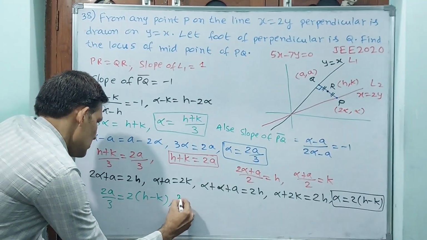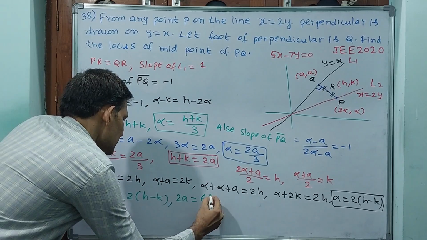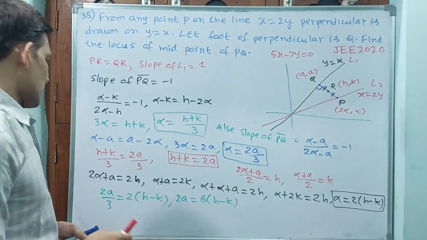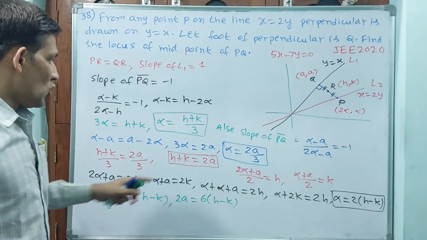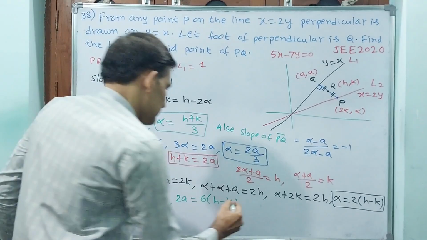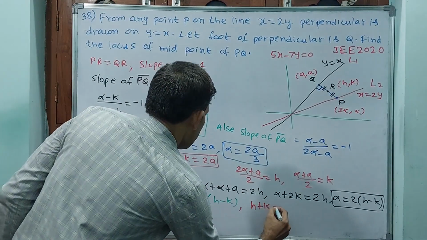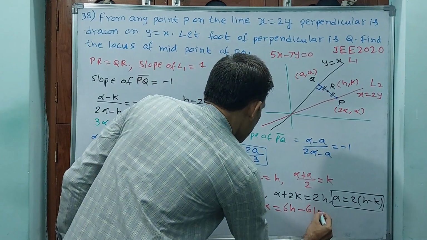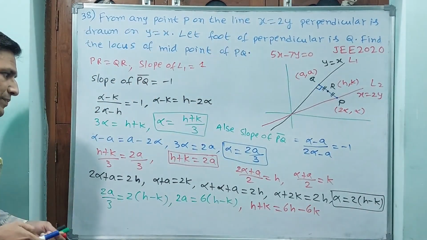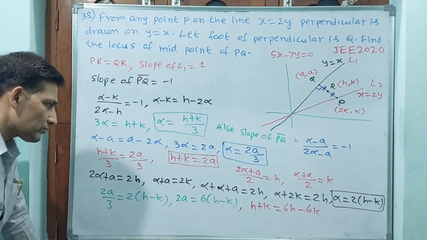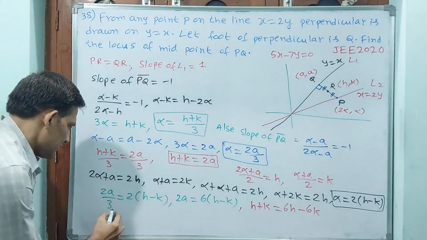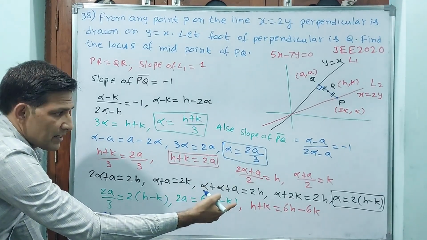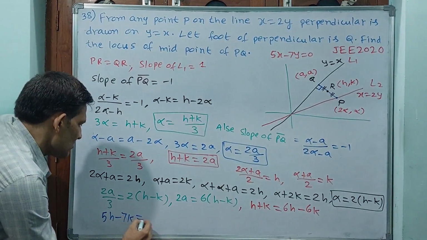Then 2a is equal to 6 into h minus k. See, 2a is already h plus k. Write down: h plus k is equal to 6h minus 6k. Now we send all to one side: 6h minus h, 5h; but k minus 6k is minus 7k. So 5h minus 7k is equal to 0.